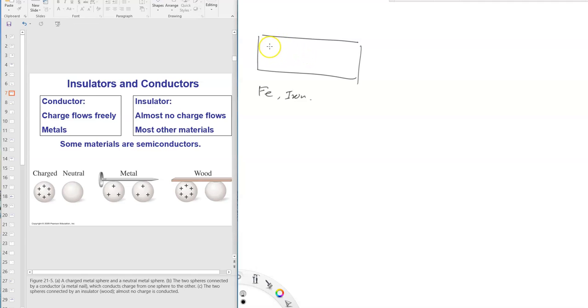There's iron molecules. So here's the iron atoms, the nucleus. So this is a piece of iron we are talking about, right? And then there's electrons around them.